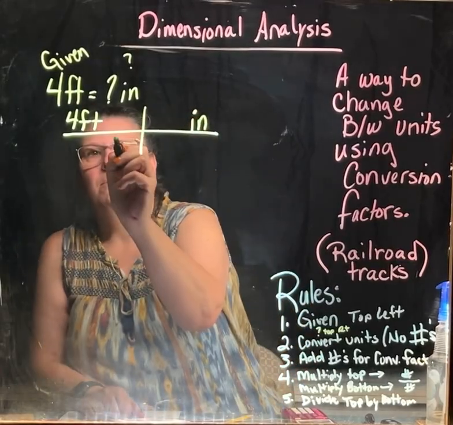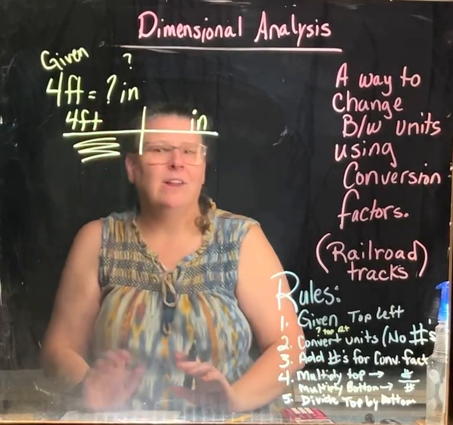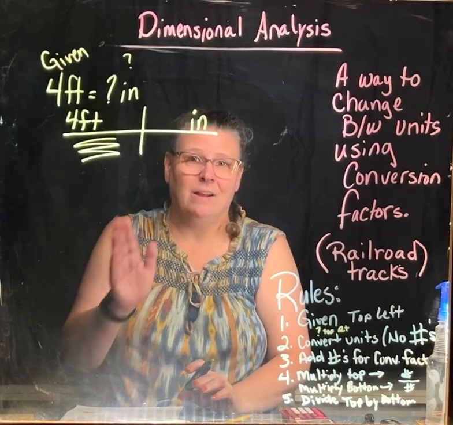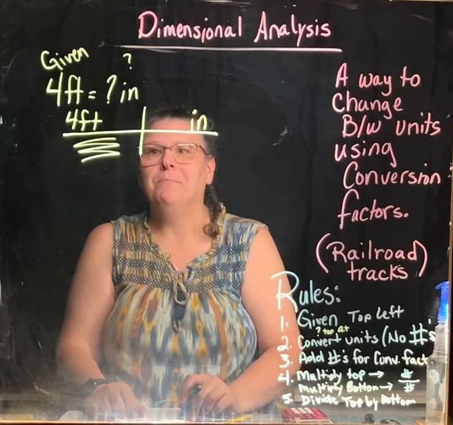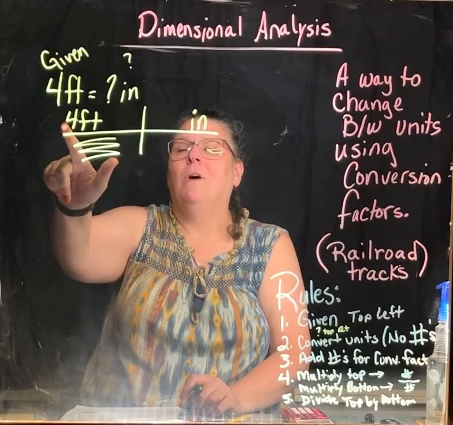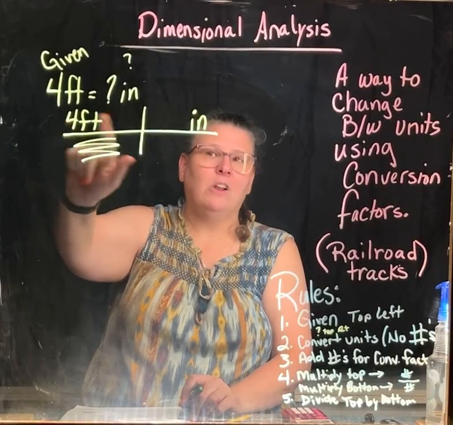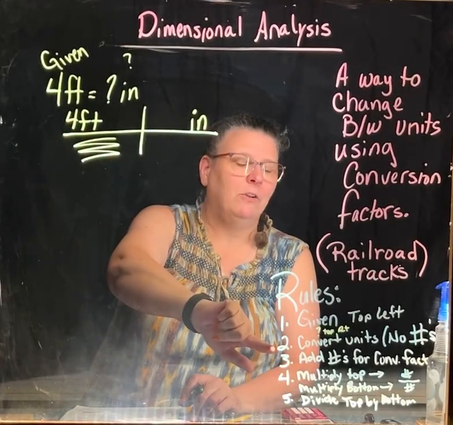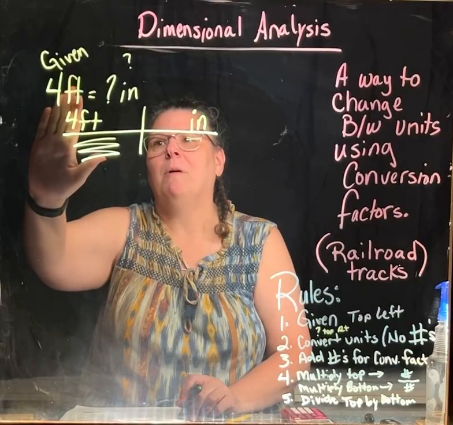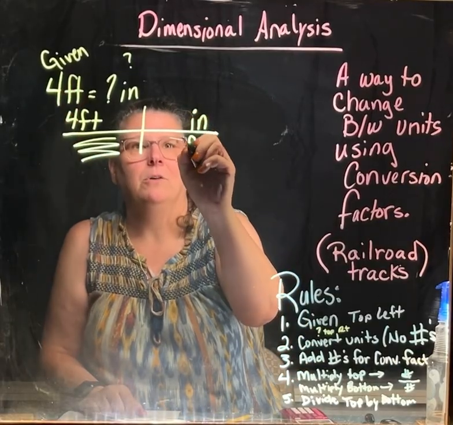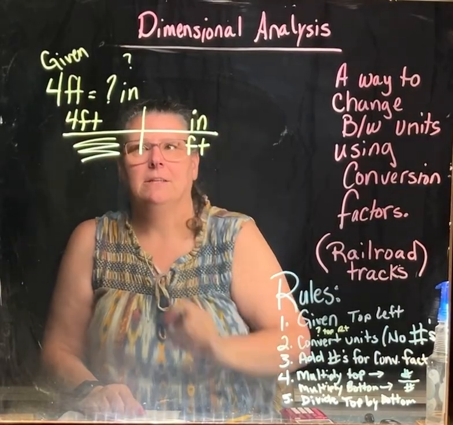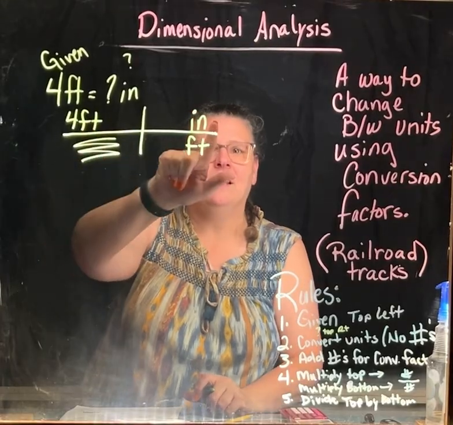So for most cases, I don't like to put anything there unless it's miles per hour or something like that. What I have on the top is always going to go to the bottom. That's what I mean by convert units. No numbers. I'm not going to worry about what the number is. I'm going to worry about what goes here, which is feet, because I'm trying to get rid of feet and get into inches.